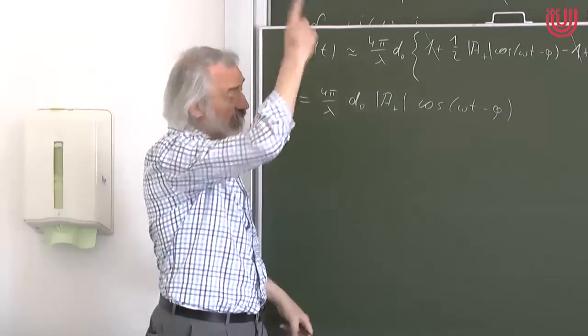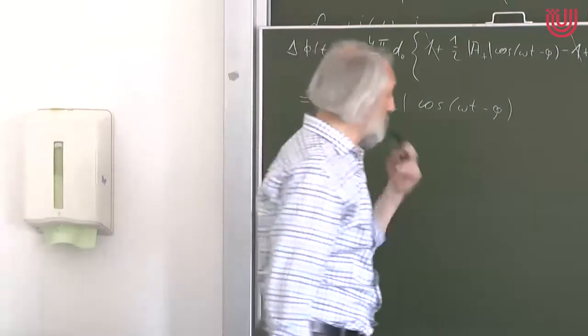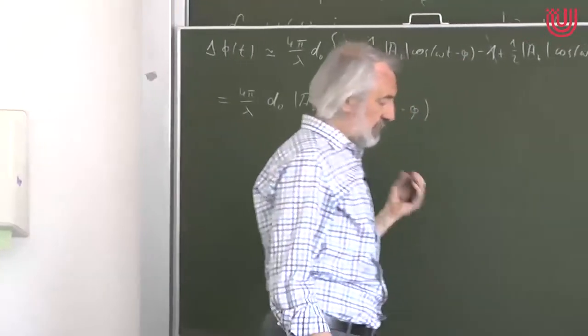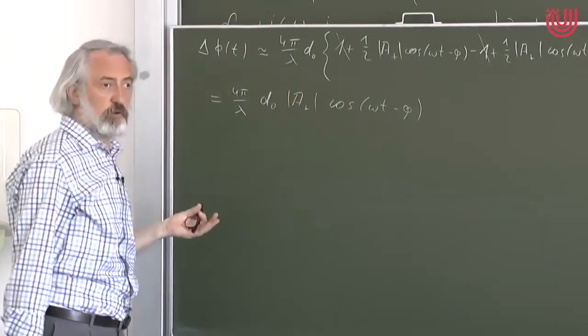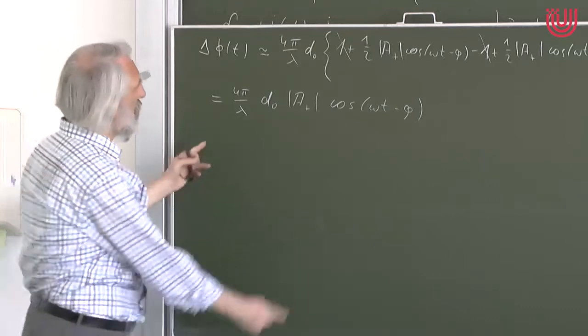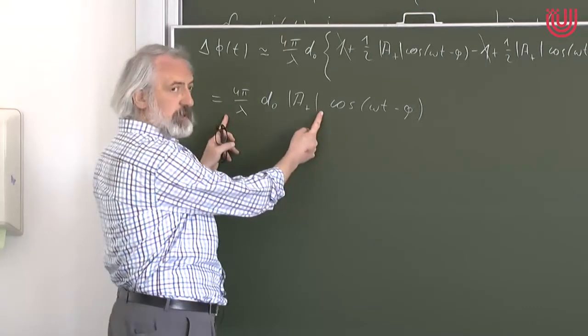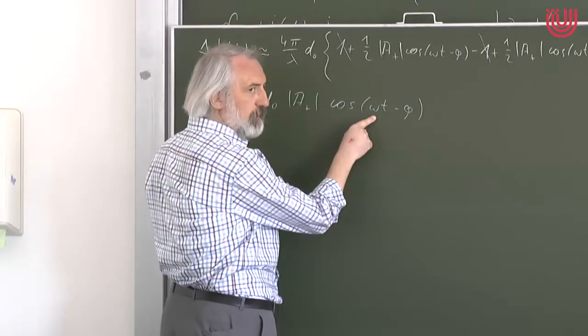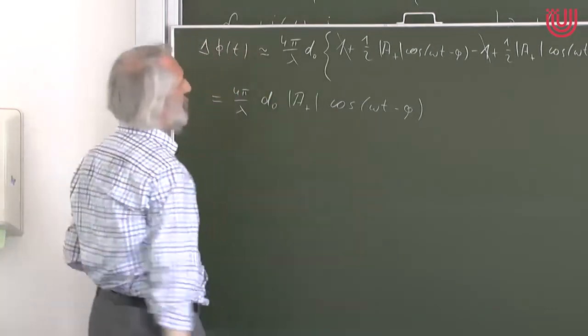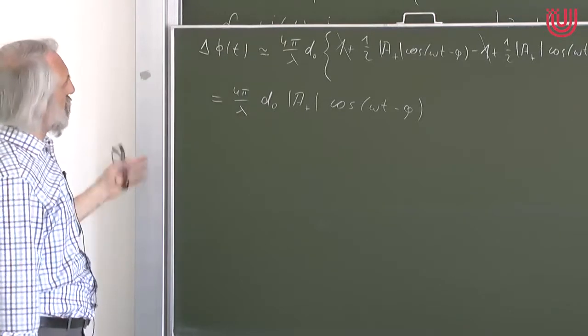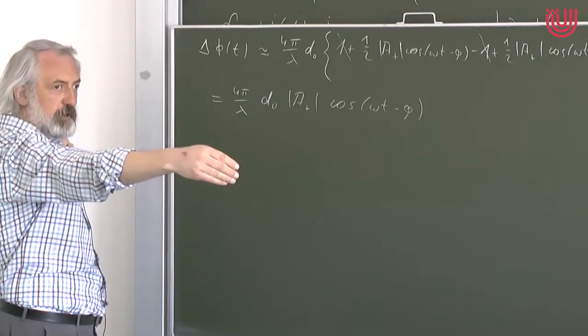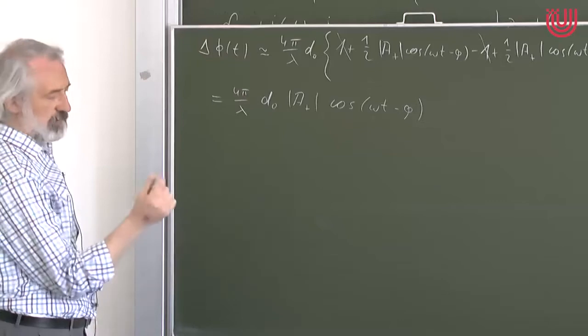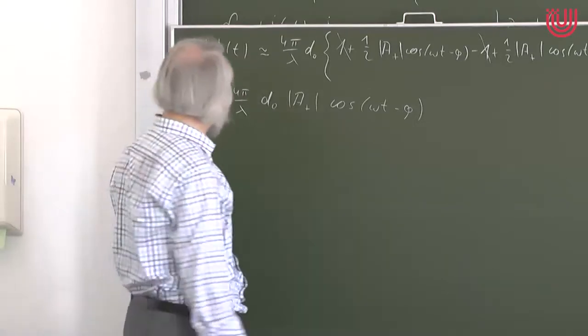We had this resonance phenomenon that we got reasonable signals only if we were very close to the resonance frequency. Here, the amplitude is completely independent of omega. Of course, the signal oscillates with the frequency omega of the waves. That's clear. But the amplitude is completely independent of omega. So this is a broadband detector, in contrast to the resonant bar detectors, which are narrowband detectors.